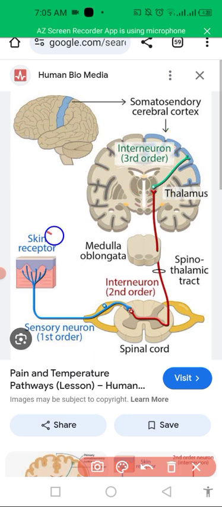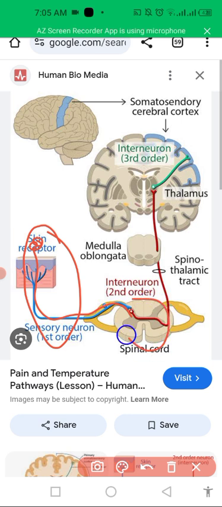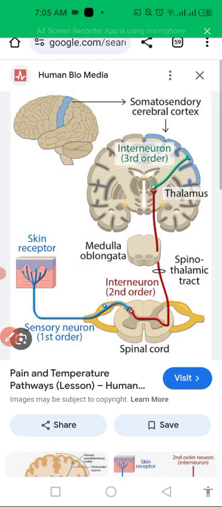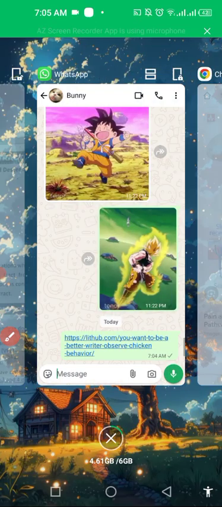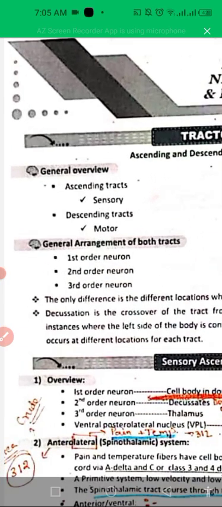Like, the first order neuron goes from receptor to the dorsal root, and then from dorsal root to the thalamus is the second order neuron, and the third order neuron goes into the somatosensory cortex. So in this way these neurons are arranged in such a way in the brain that it gives first, second and third order neuron. Okay, first order neuron, second order neuron, and third order neuron in arrangement of the tracts.